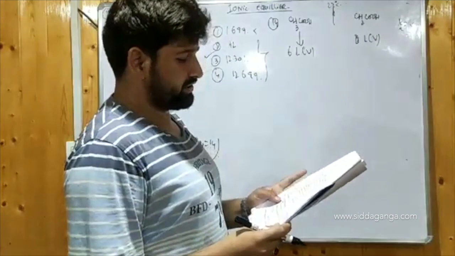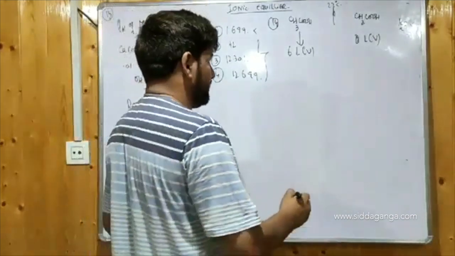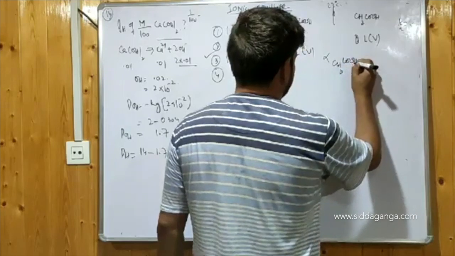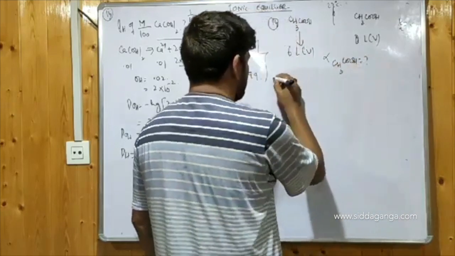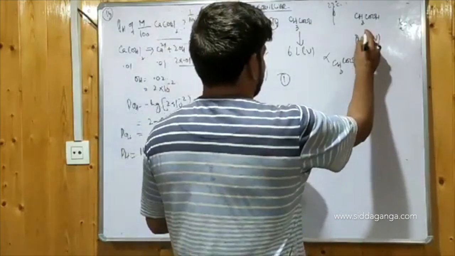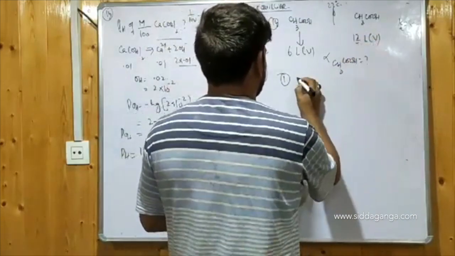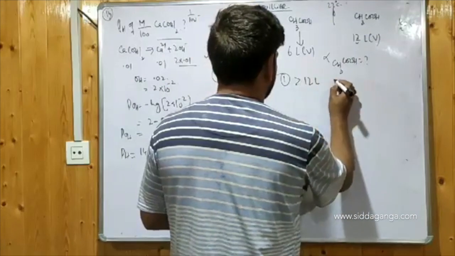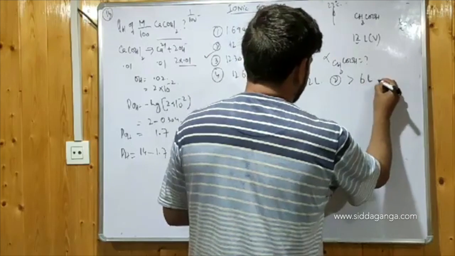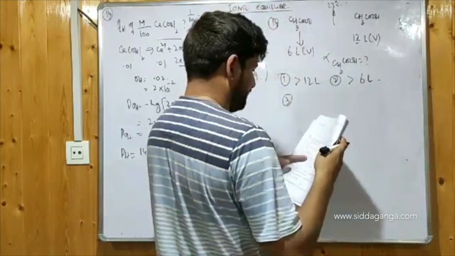What will be alpha of CH3COOH? So we have the options. It is more in 12 liters, option 1.